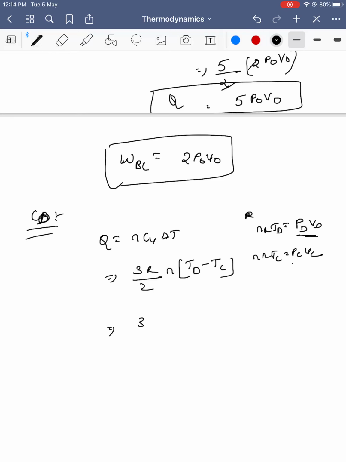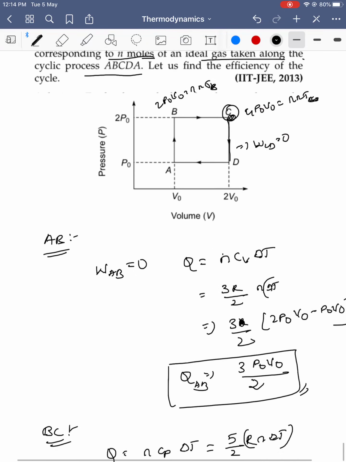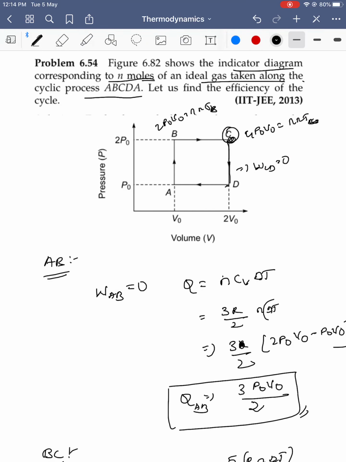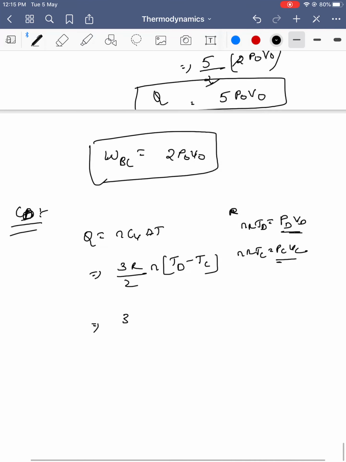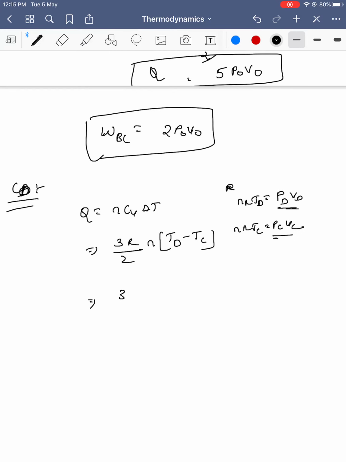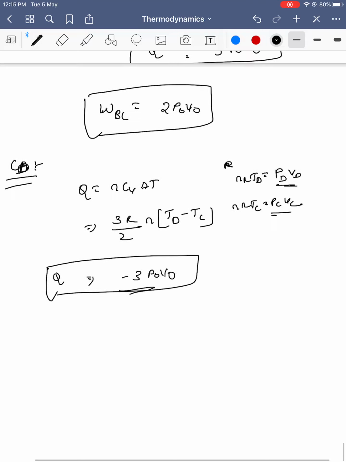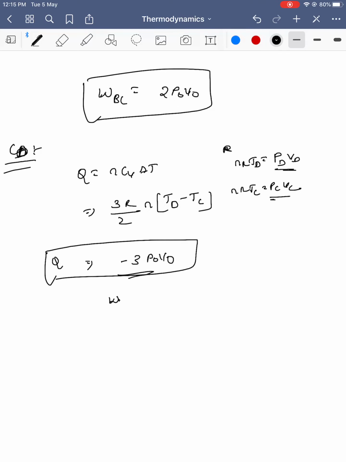So PD VD minus PC VC. Pressure at D is 2P0 and V is 4V0, and for C it is 4P0 and V is 4V0... subtracting, if you simplify, it becomes minus 3P0V0. So heat removed from this place, and work done we already got: work done in CD is equal to 0.